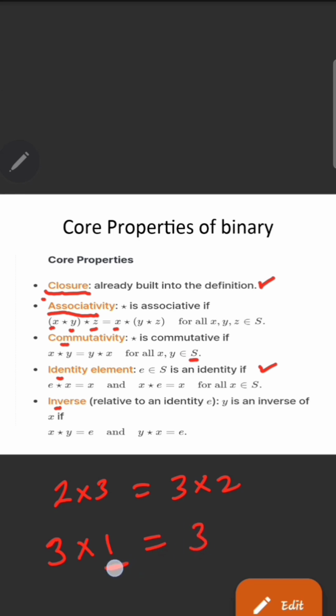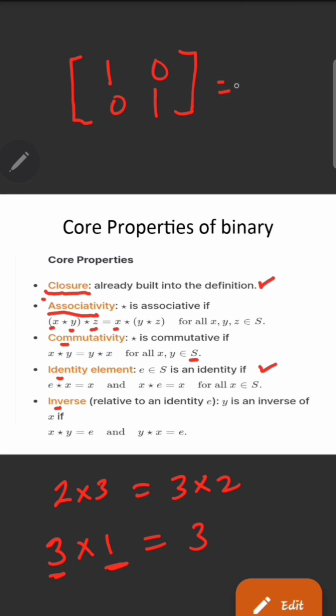So this one is called an identity element. When you multiply a number by another number and you still get that same number, the number you multiply with is an identity element. Just like in the case of matrices, there's a matrix like this that we used to have. Okay, sorry, I have like this 1 1 0 0.